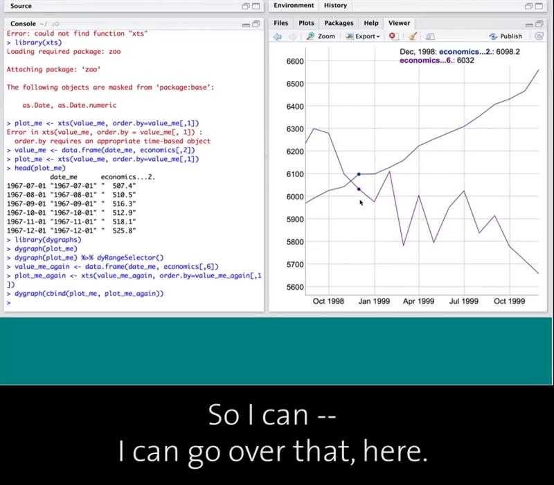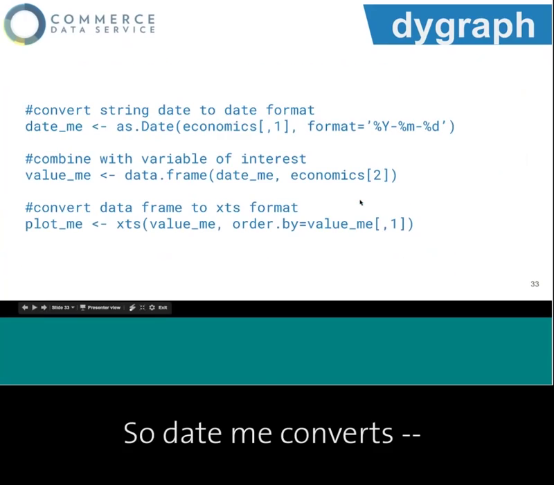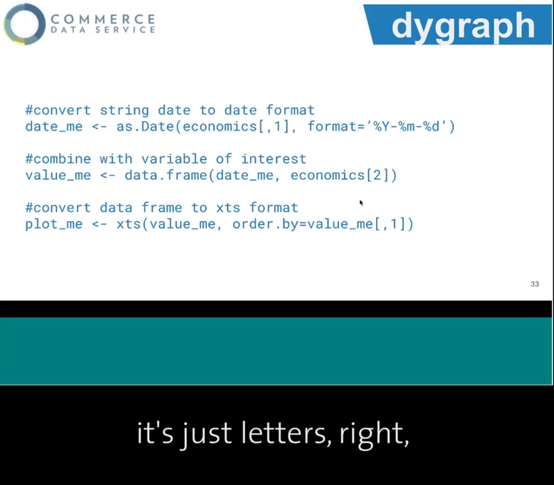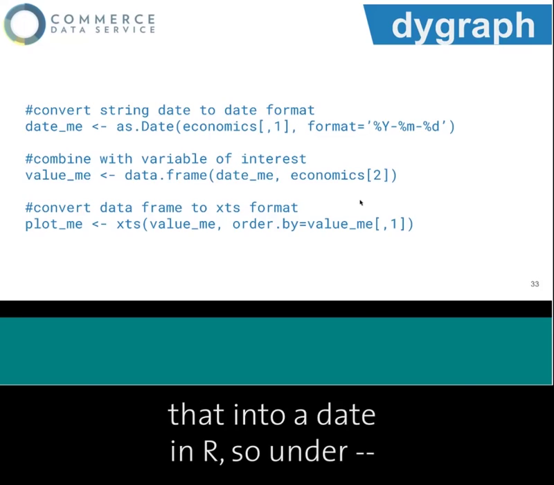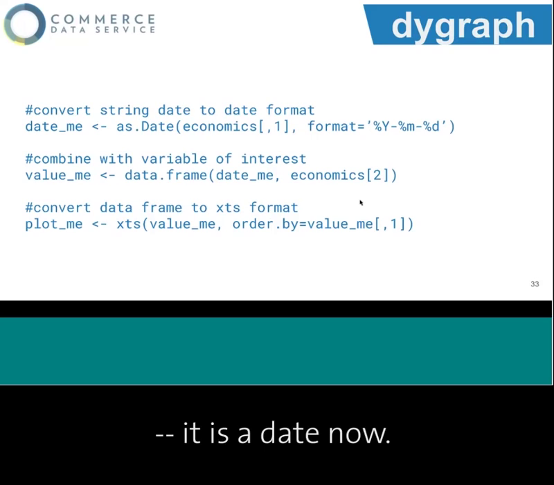Oh, okay. So I can go over that here. Date me converts. If you look in economics, the date is just a string. It's just letters, right? And what we're doing is we're converting that into a date in R. So it looks the same, but underlying that in R, it is a date now.